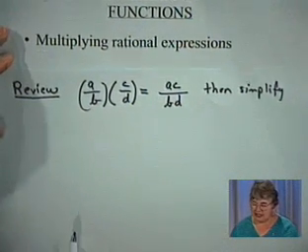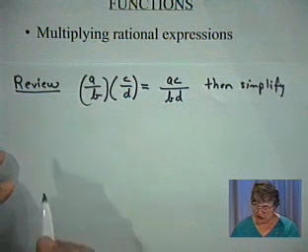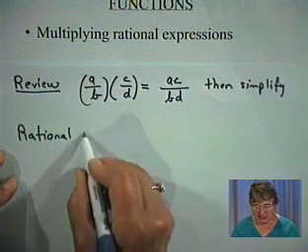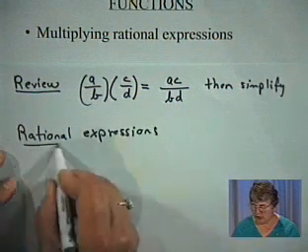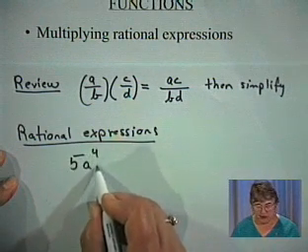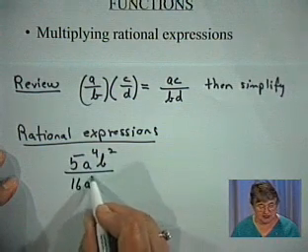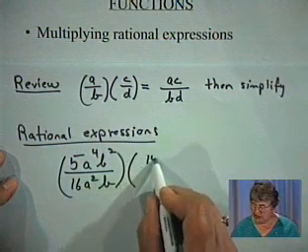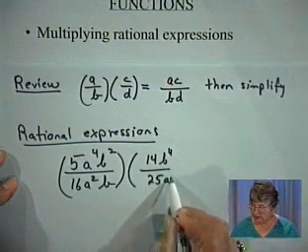Well, it's in exactly the same way that we're going to be working with multiplying rational expressions. So if we have two rational expressions and we're multiplying these, for example, suppose we have 5a to the fourth b squared divided by 16a squared b, and we're multiplying this expression by 14b to the fourth divided by 25a to the third.